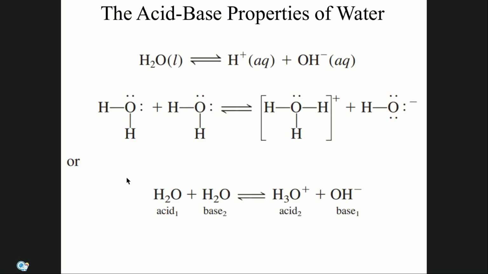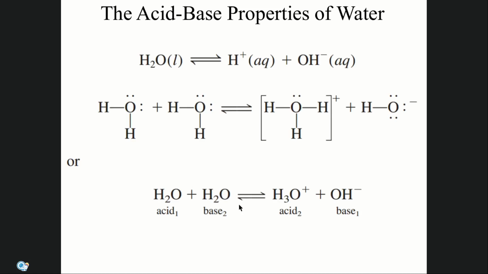The acid-base conjugate pairs are water as acid and OH minus hydroxide as a base, and the cation hydroxonium as acid, and water as a base.